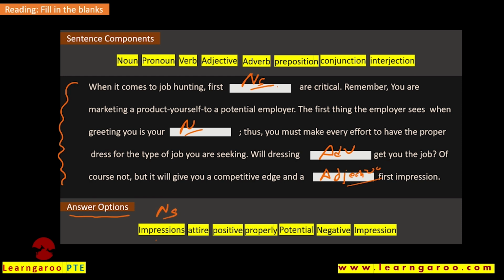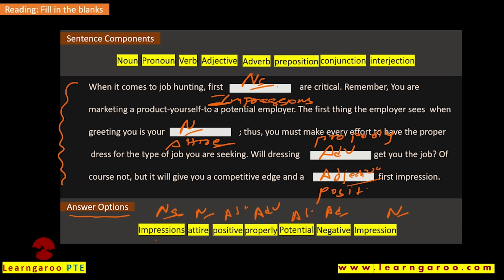This is the plural form of a noun, this is a singular noun, this is a singular noun, this is an adjective, this is an adjective, this is an adverb, and this is an adjective. So this was impression, this is attire, this was properly, and the last one is positive. This is the correct answer.